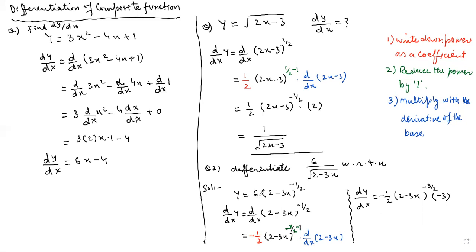Sorry, we forgot to write 6 here. This 6. And we will also write down this 6 here. And at this place, now we have minus 3.